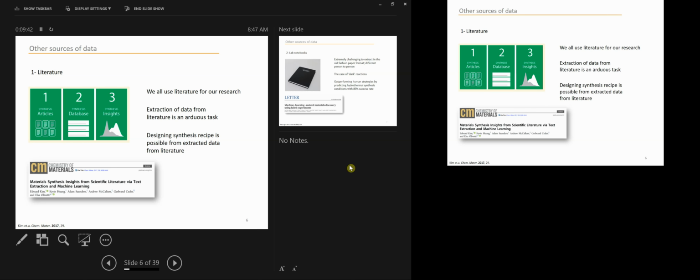It differs from journal to journal, and it's very difficult to extract. However, recent research has shown that it's possible to use automatic text extraction. They extracted data from literature, made models, and later designed synthesis recipes, which work pretty well. And this is very exciting.